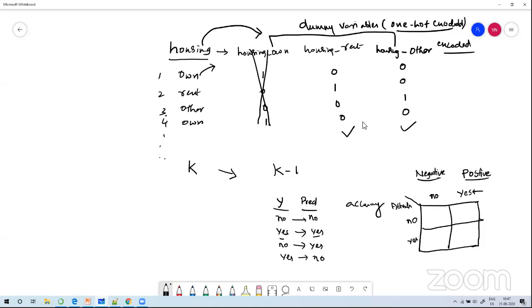If our prediction is positive and actual is also positive, that means it has happened, so it is called true positive. If the prediction is positive but it did not happen, that's called false positive. On this side, our prediction is negative and it is true, so it is called true negative. Our prediction is negative, but it's not true, so this is called false negative.